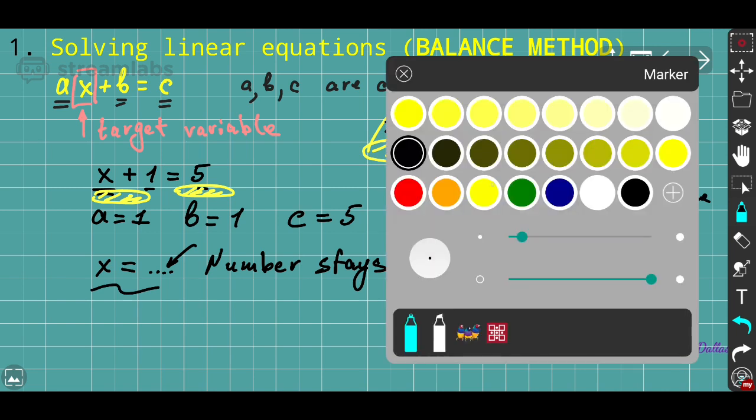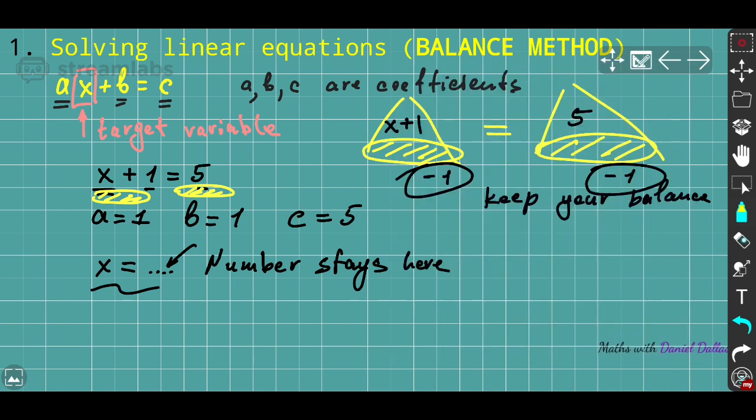Okay? So after taking away, on the left plate you will have simply x alone, and on the right, instead of 5, you will have just 4. And finally, you understand which number stays here: this number 4 instead of x.